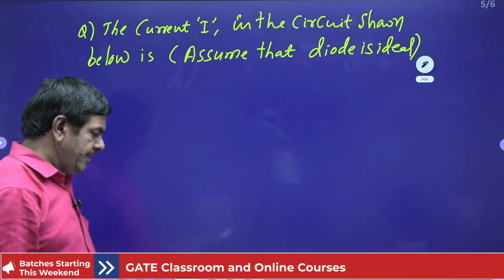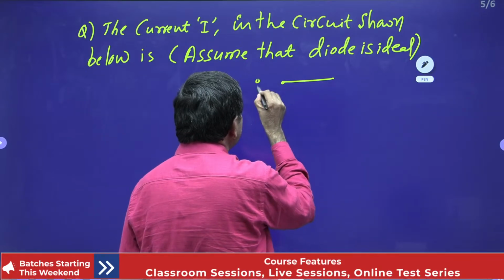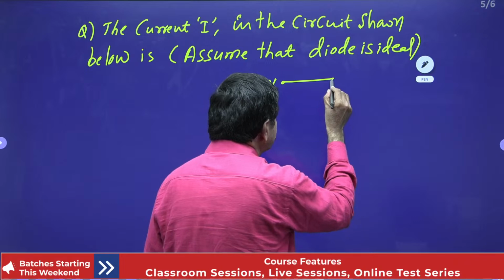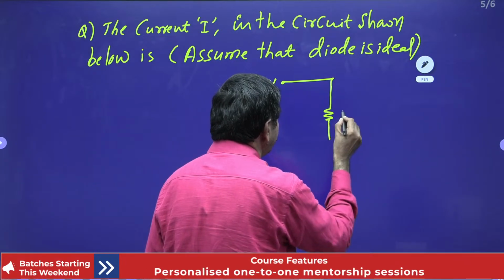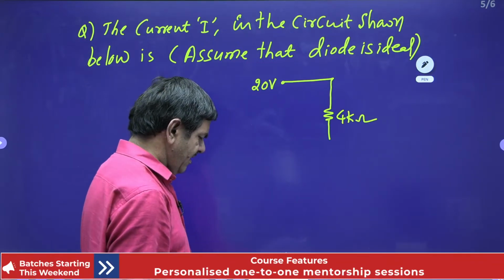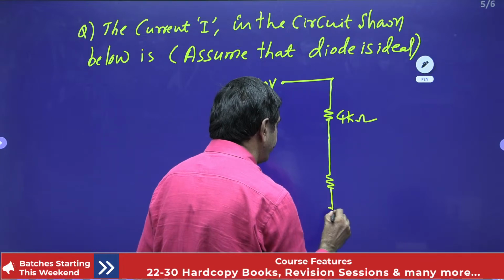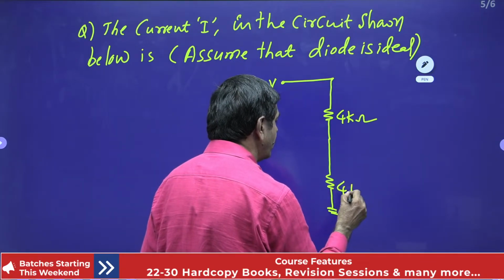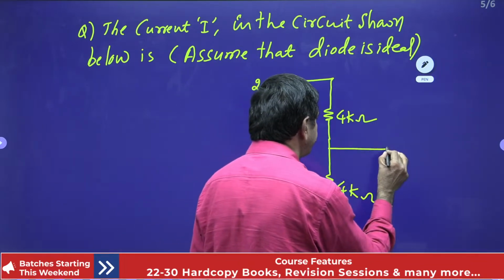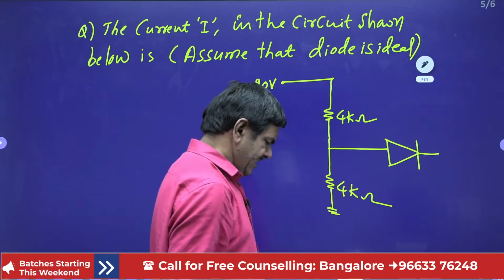And here the network is given like this. There is a voltage source of 20 volts, a 4 kilo ohm resistance here, and one more 4 kilo ohm connected here. And there is a diode here.